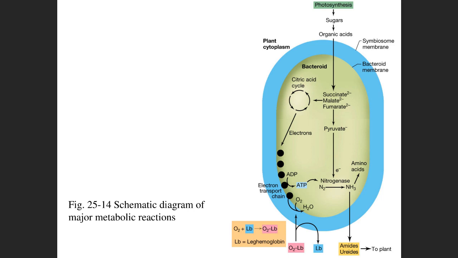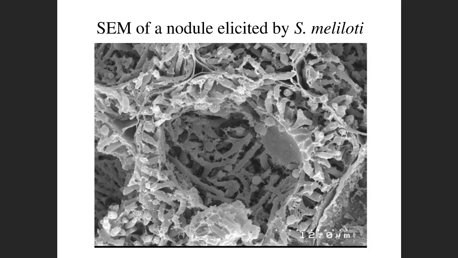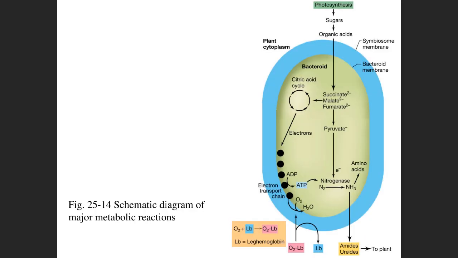You may get dizzy looking at this picture, but as it turned out, the majority of it you know. If we start from the beginning, these are the bacteroids. If we focus on this one particular structure, the bacteroids, what's inside?